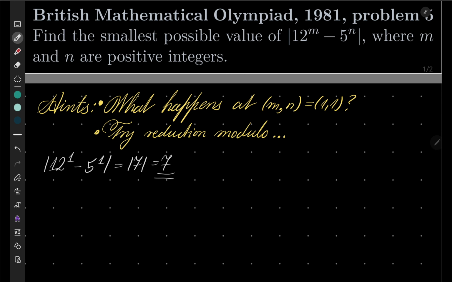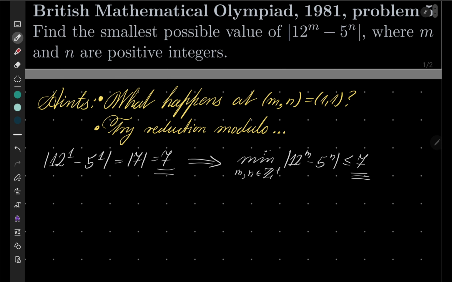So we can deduce that our minimum over all positive integers is less than or equal to 7. The rest of our video will be showing that number 7 is the actual minimum of our function.